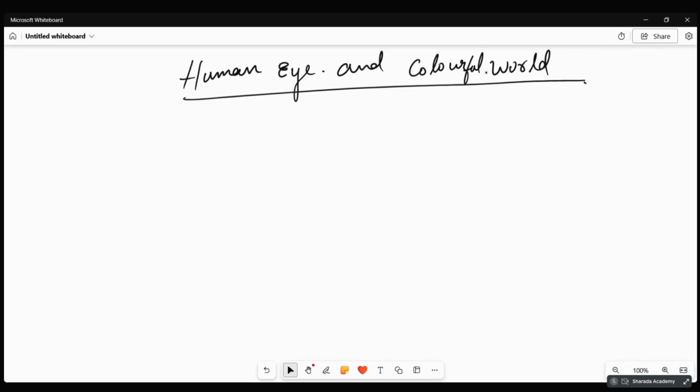Then we have the iris, pupil, crystalline lens, and retina. All these we will try to study, the basic things about the human eye, in this chapter.